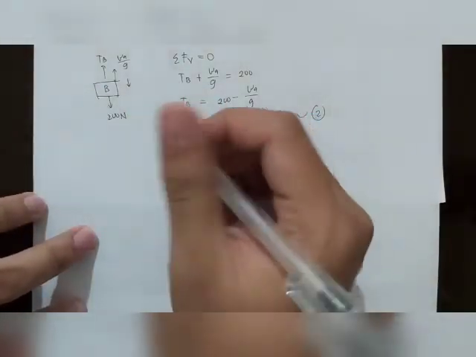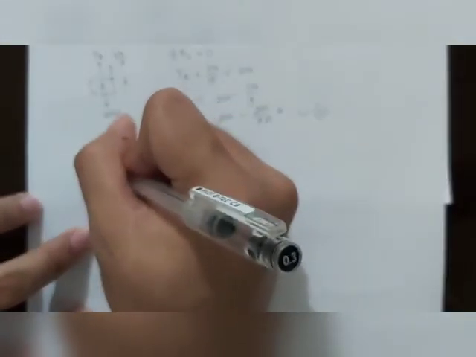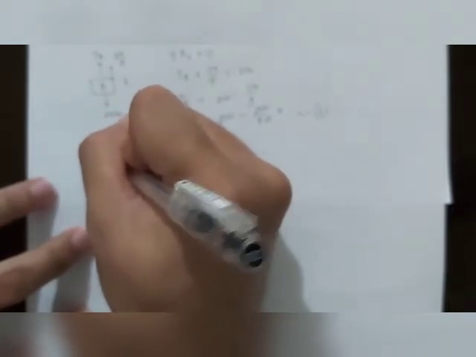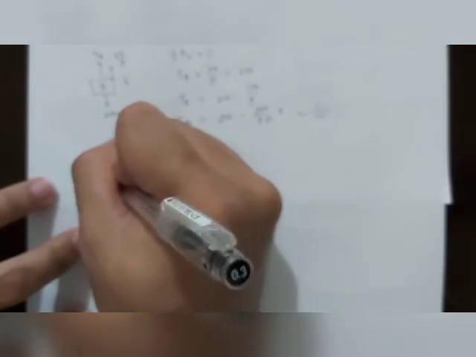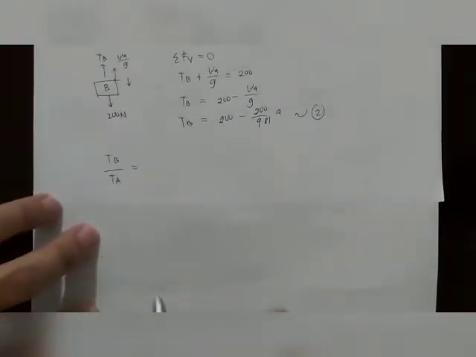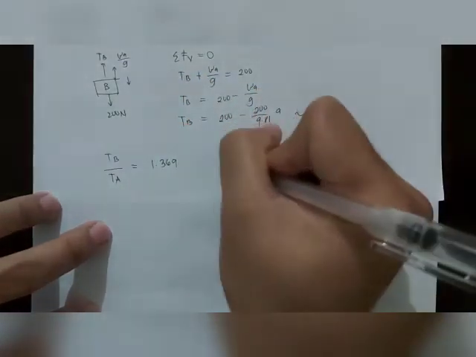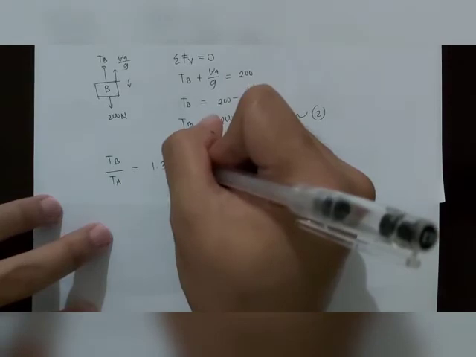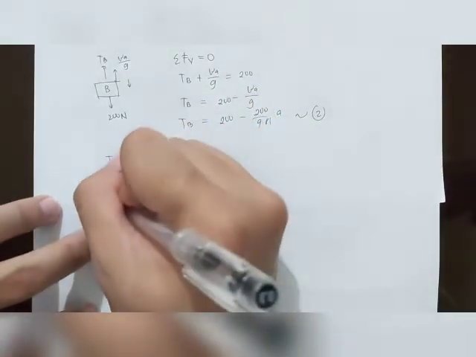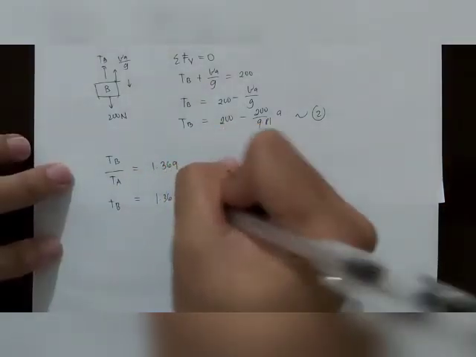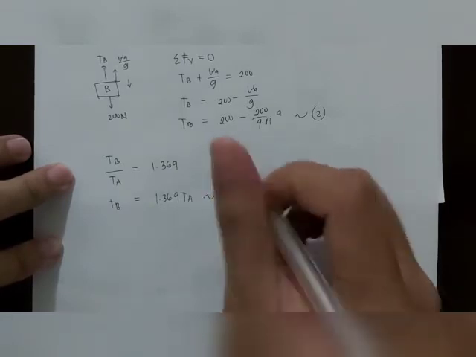So TB all over TA is equal to, yung katulad ng kanina, belt friction natin, so we have this equation 1.369. So TB is equal to 1.369 TA. So this will be equation 3.